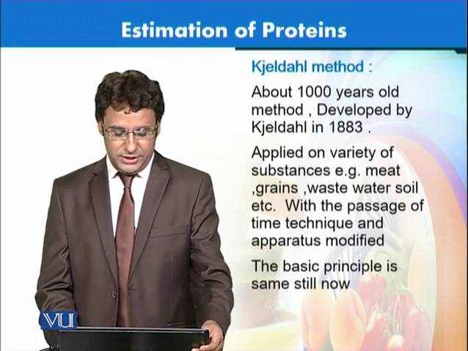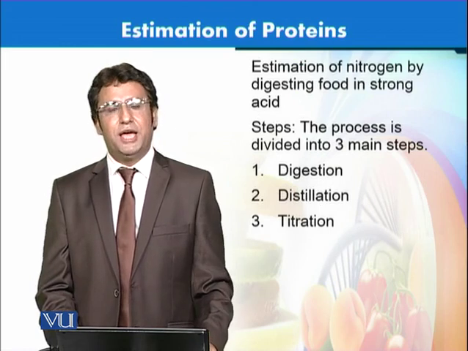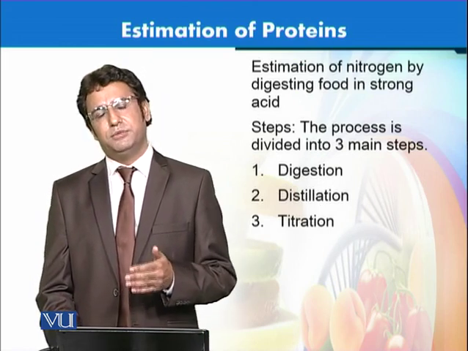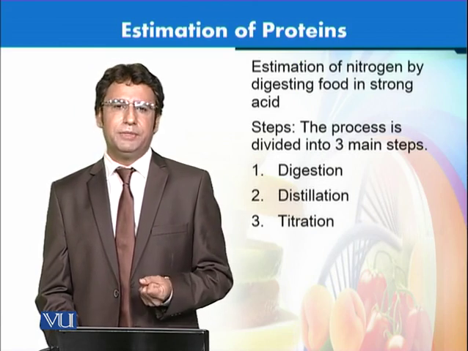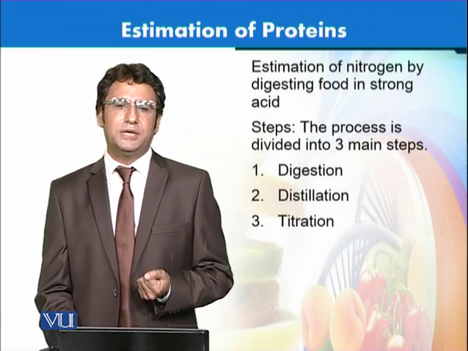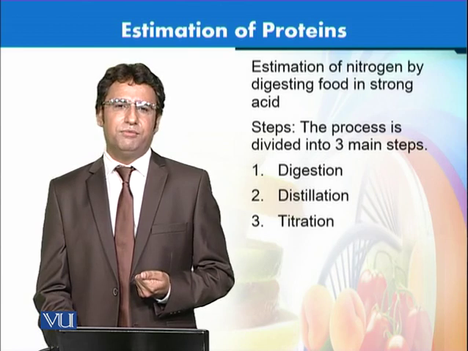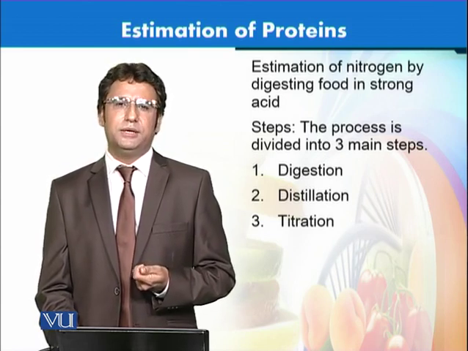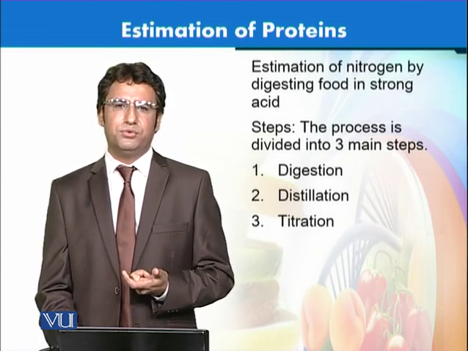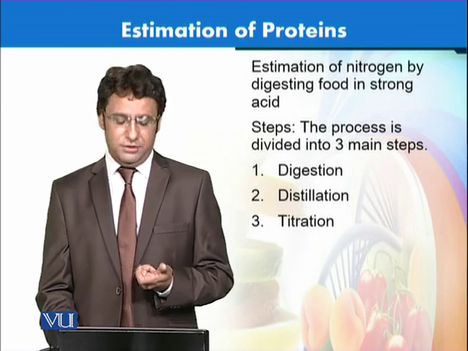This protein determination has 3 steps, and these 3 steps are digestion, distillation, and titration. In the first step we digest the food so that the other confounding factors in the food are gotten rid of.